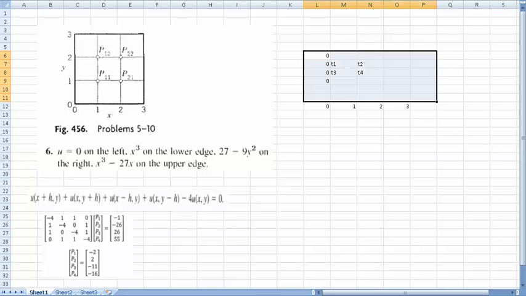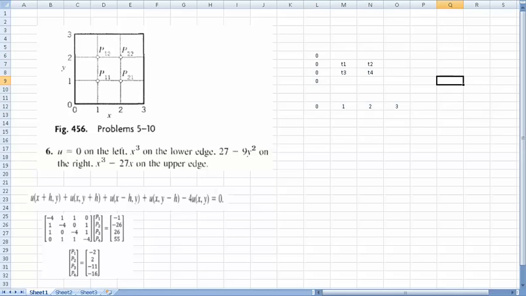Now I'm going to center everything up so it'll look a little bit nicer. And over here on the right, sort of far away from the problem, I'm going to put the y values as given in the problem statement: 0, 1, 2, and 3. And so y is heading upward.